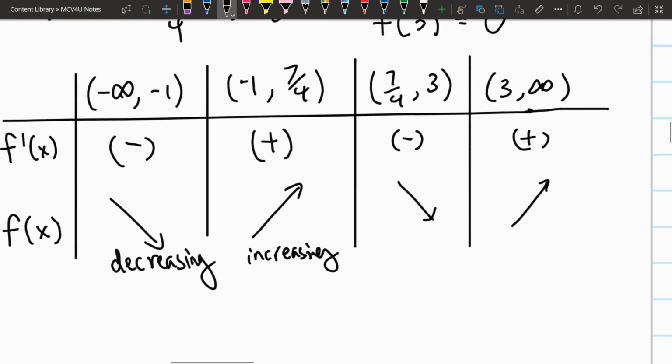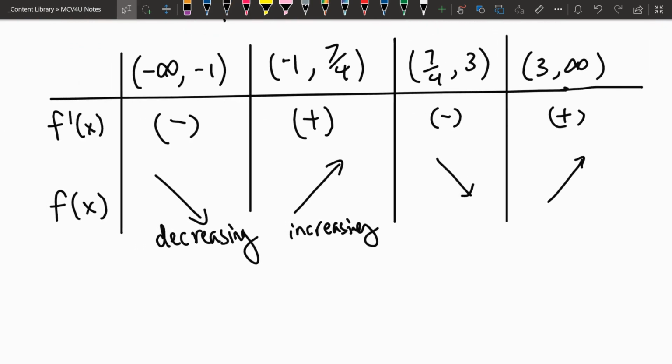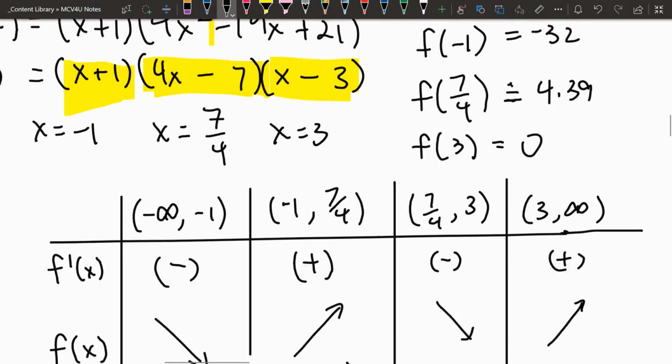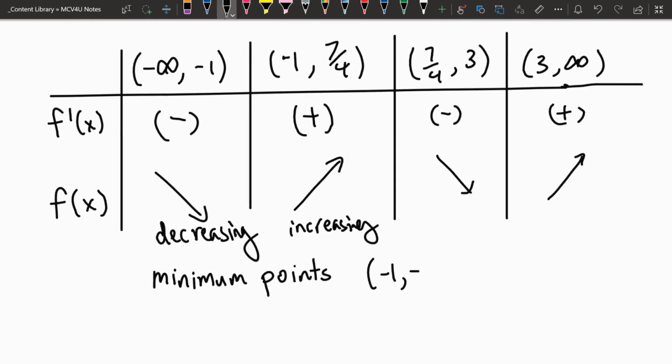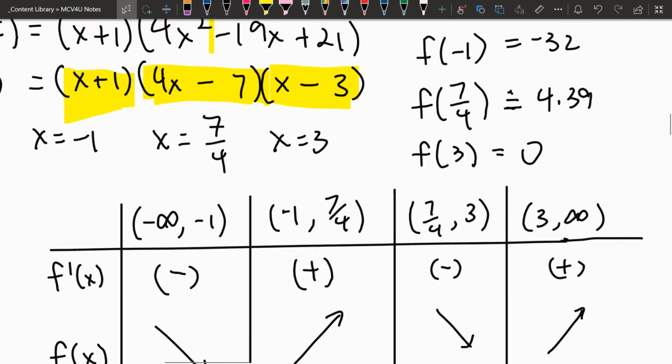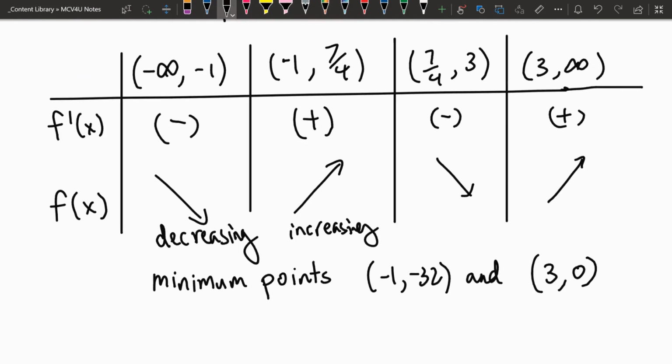So what are my critical points? Based on the changes in the derivative, we have local minimum points at negative 1, so negative 1 and the corresponding y value is negative 32. And at 3, and its corresponding y value is 0.